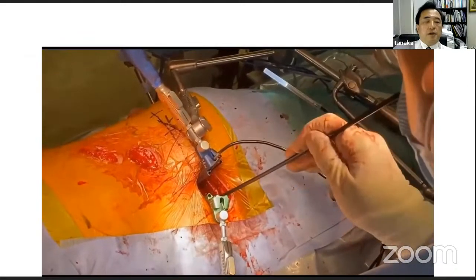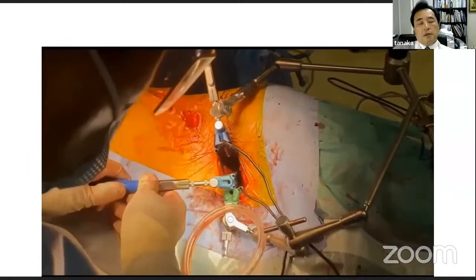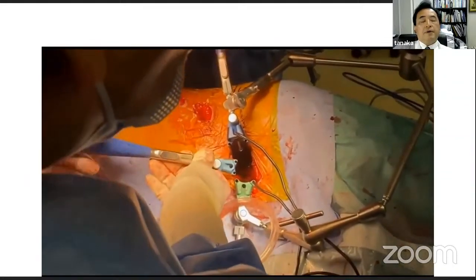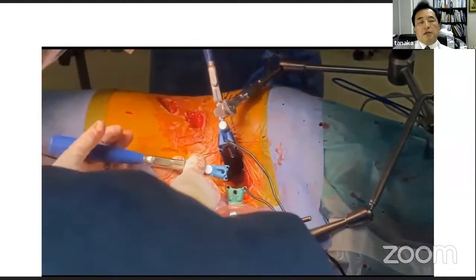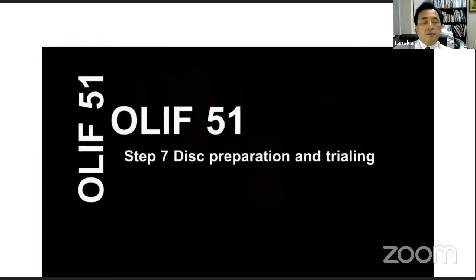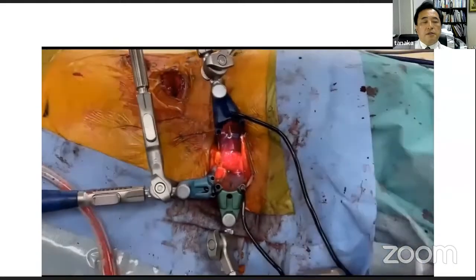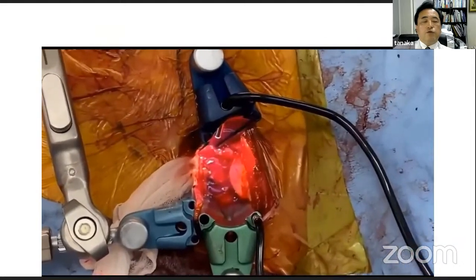Let me show you the OLIF 5.1 technique. Now I'm retracting the bifurcation of the great vessels. These retractors have excellent illumination. That's why you can see the L5-S1 disc very clearly.